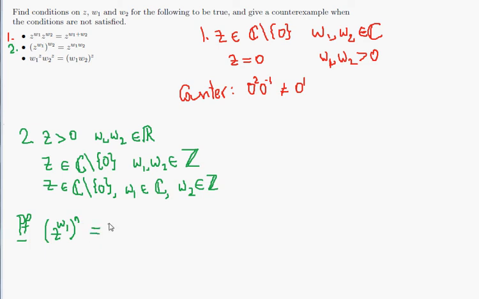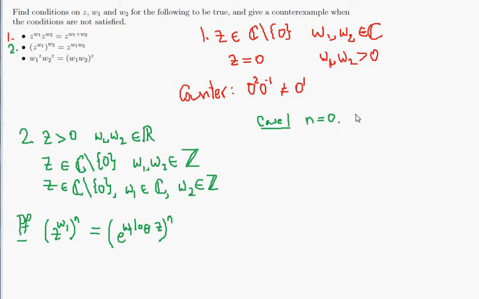By definition, this is equal to e to the w1 log of z, to the nth power. Okay, now there are three cases. Case 1. Well, first, the easy case: if n equals 0, then clearly the theorem is correct, right?